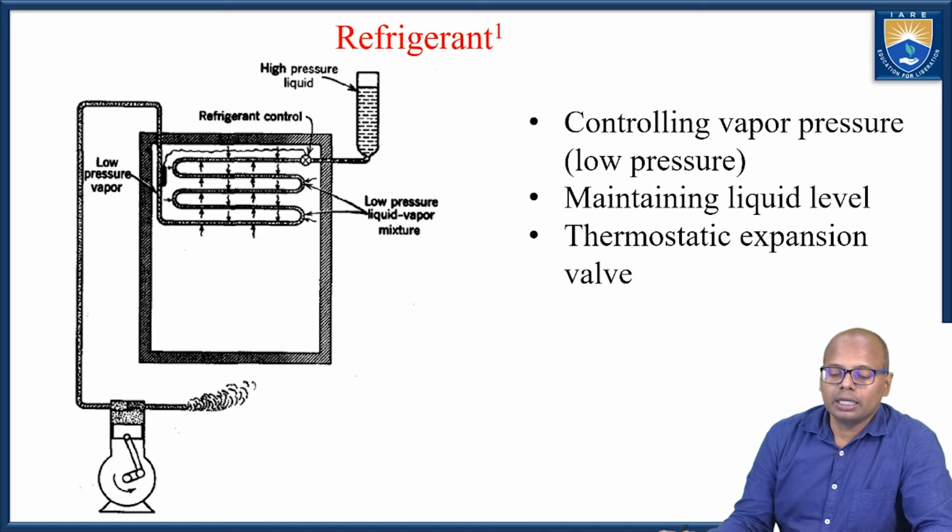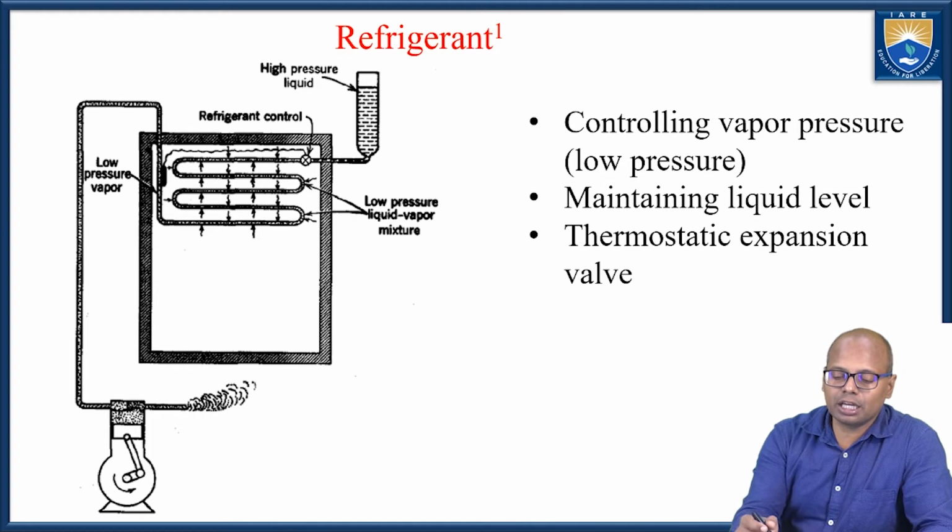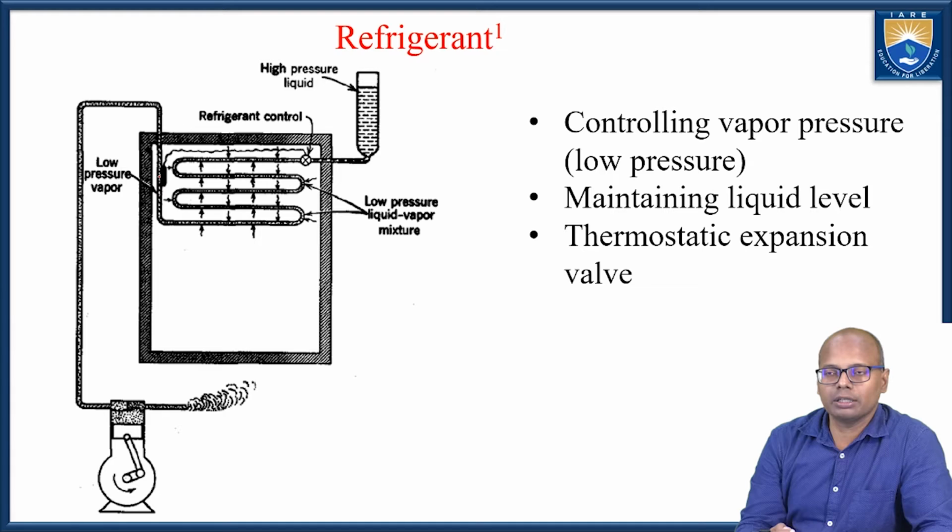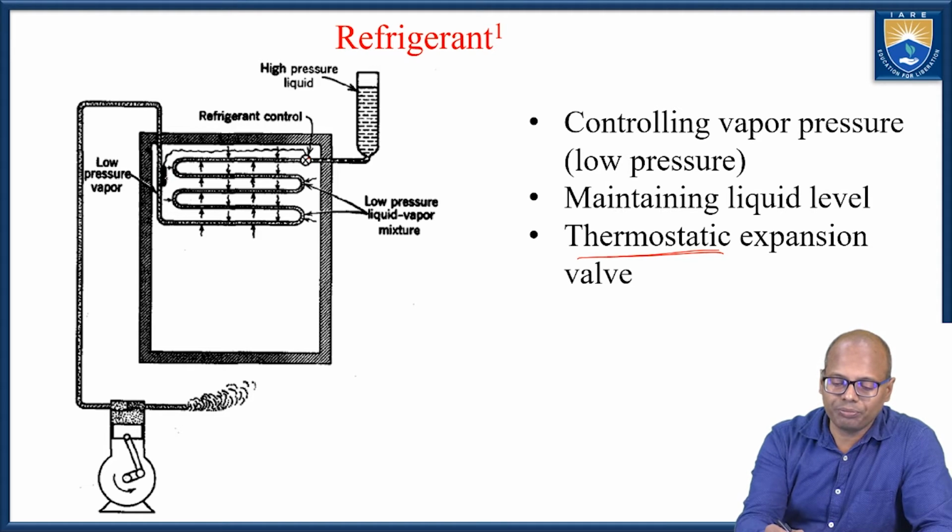Now, say there is a thermostatic valve. Previously we have seen a level control valve; now we are using a thermostatic expansion valve. As the boiling happens, the thermostat that is kept here will sense the temperature.